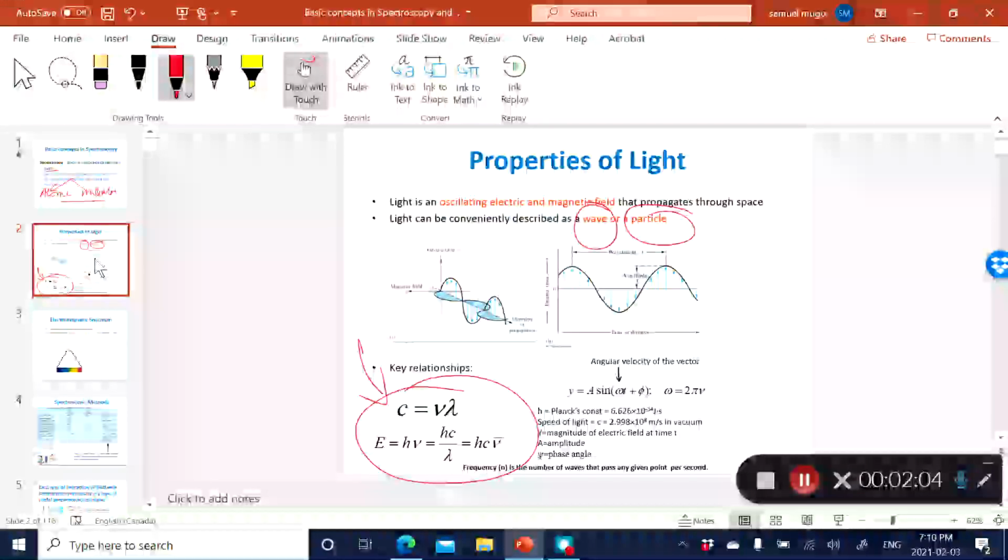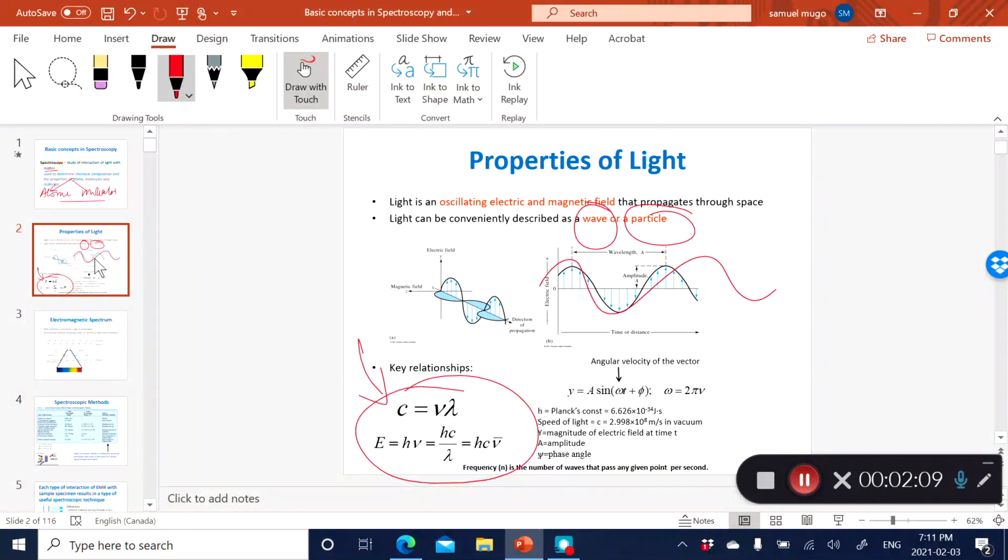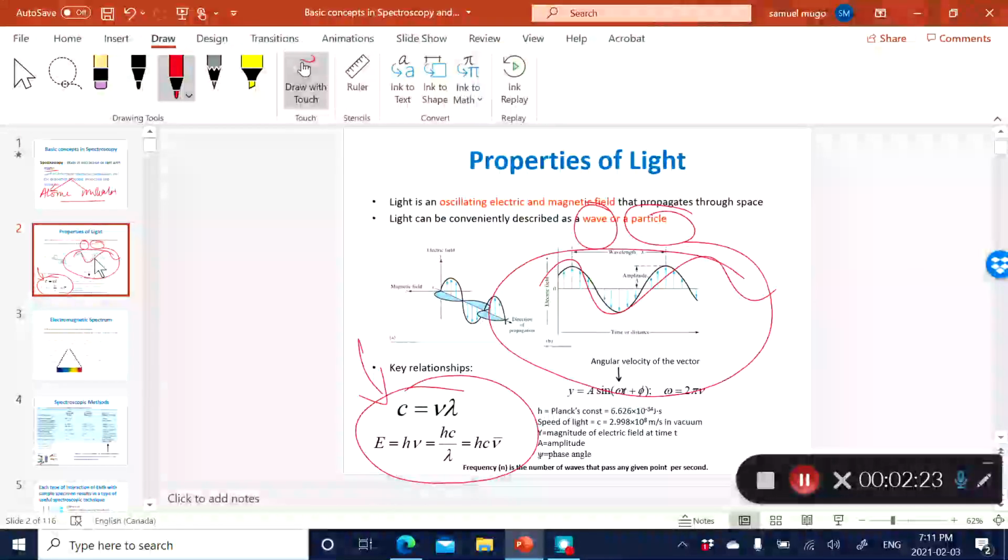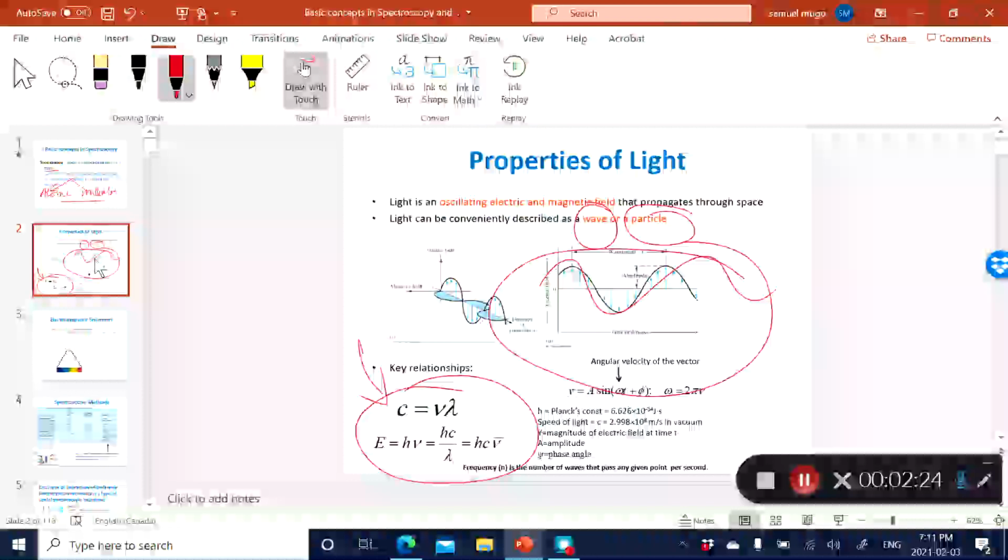But also, these particles propagate in the form of a wave, and as such, you can calculate the energy of light also based on its frequency. As you well know, frequency and wavelength are properties of a wave.